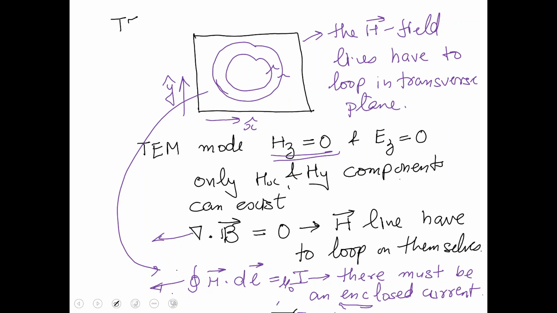The only thing which can happen is the waveguide is going to say, well, I cannot satisfy both these laws together, so I will not allow the solution to go through. TEM modes cannot exist.